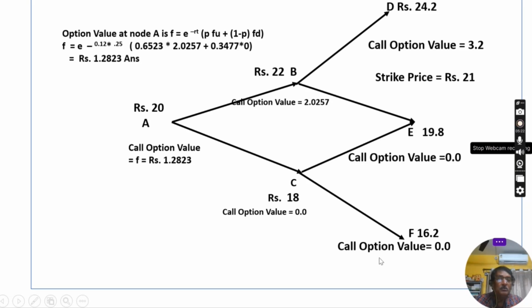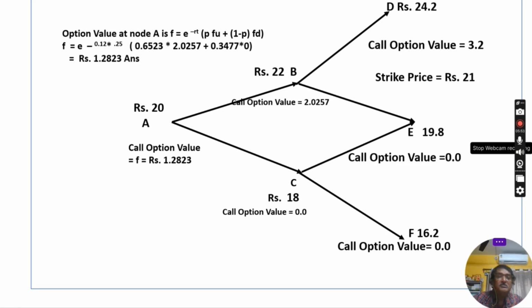That's why the call option value at the point F will be 0.0. So first of all, you have to find out the call option value at the end of the two steps in this way. That is, at this point the call option value is 3.2. At this point the call option value is 0.0, and at this point the call option value is 0.0.